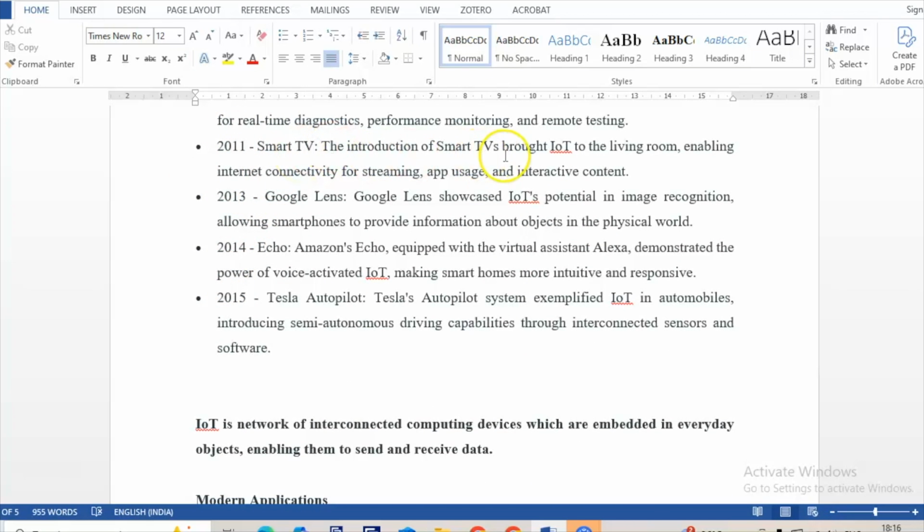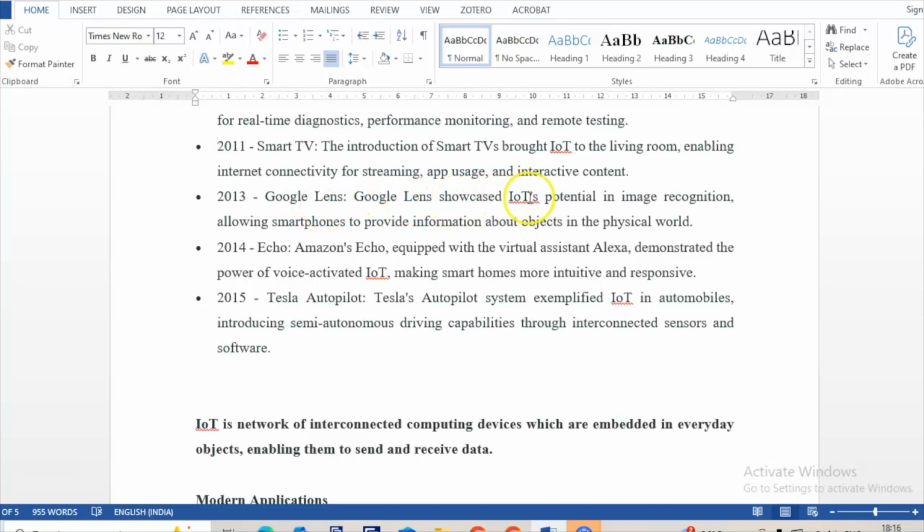The introduction of smart TVs brought IoT to the living room, enabling internet connectivity for streaming, app usage, and interactive content. 2013, Google Lens.